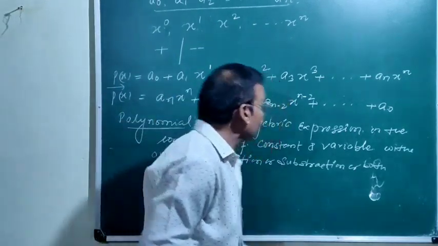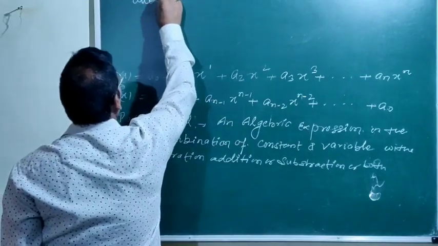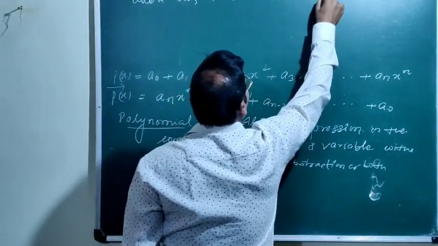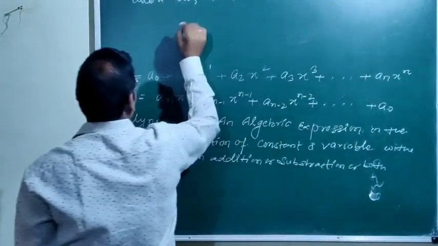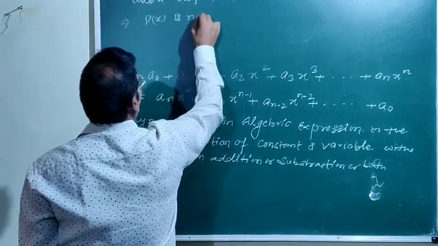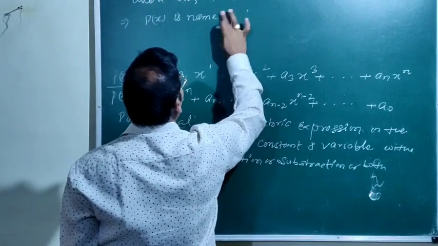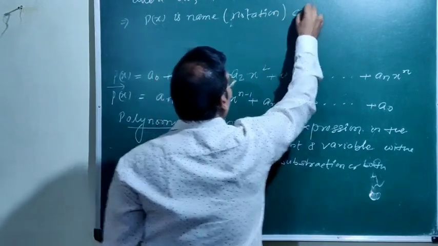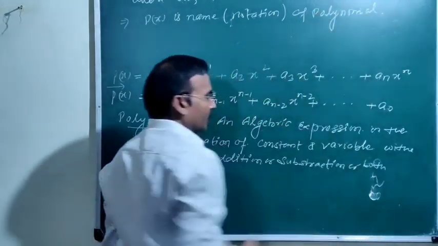Okay, where a0, a1, a2, a3 and so on an are the constants. Px is the name or notation of the polynomial.